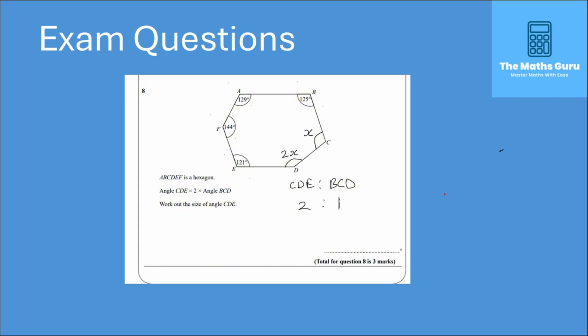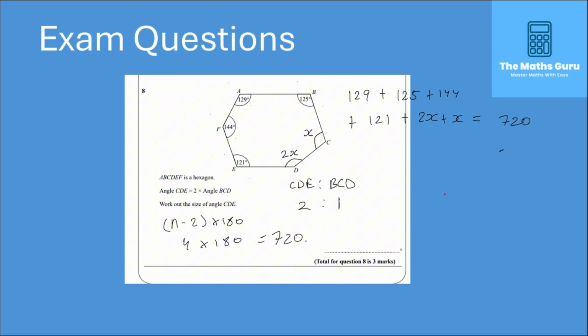We can then use the angles already given, so we can do n minus 2 times 180. This is going to give us the sum of all the angles within our polygon. So 4 times 180 is equal to 720, which means they all total to 720. Then I can set up an equation: 129 plus 125 plus 144 plus 121 plus 2x plus x is equal to 720.